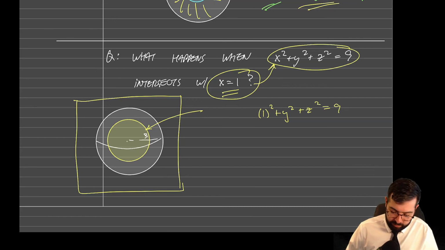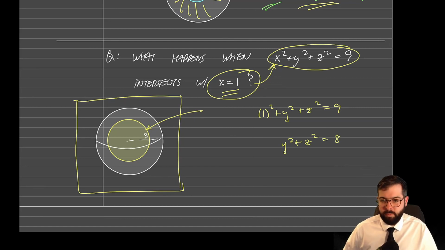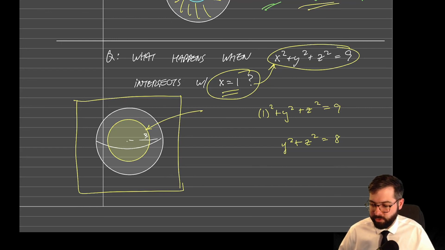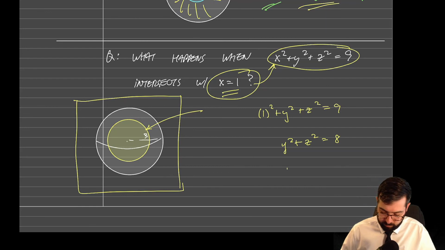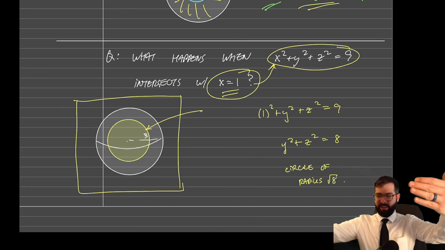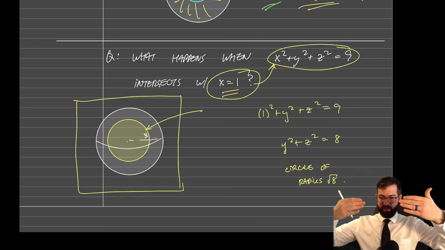And so the curve is really this y squared plus z squared equals 8, which is what? It's a circle of radius radical 8, or 2 radical 2. And it lives out what?